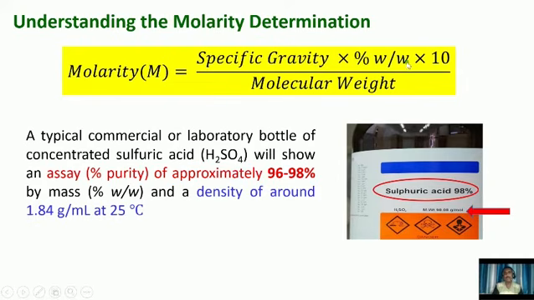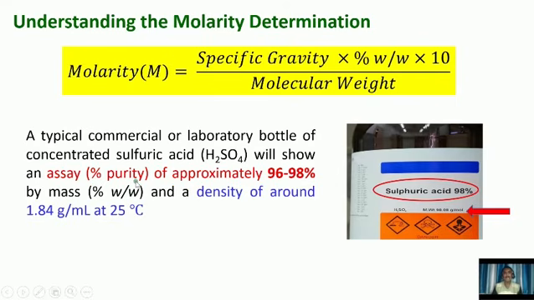So this percent weight by weight is the same as assay, or percentage purity of that H2SO4. It generally ranges between 96 to 98%. In case of fuming H2SO4, it can also be 99%.